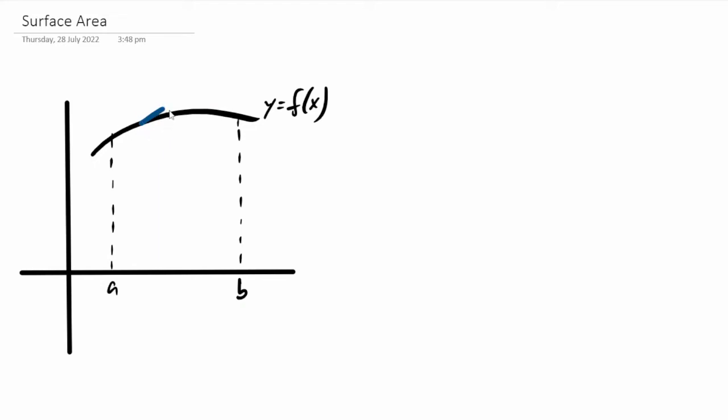This is our dl strip. This is also denoted as dl, our length. Now from this point here we have y, and from this point to this point is going to be our x.